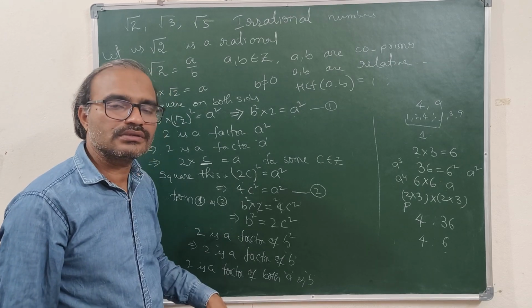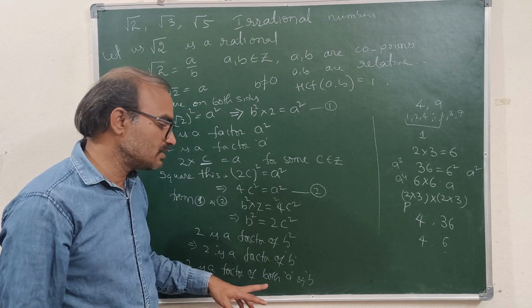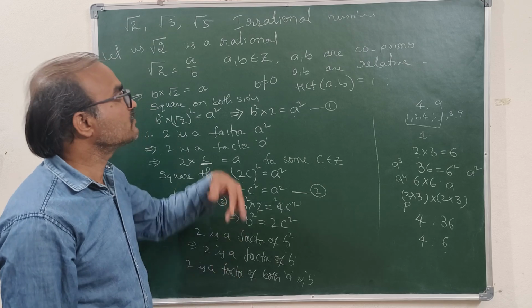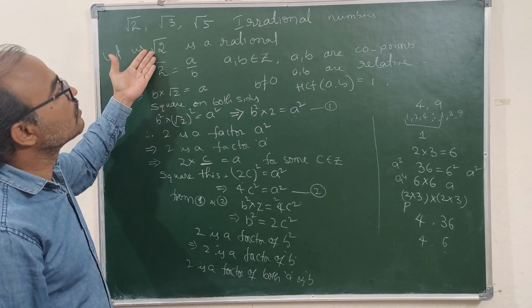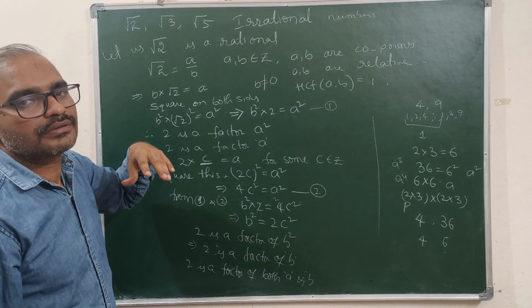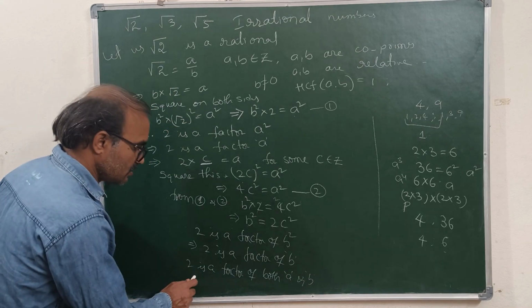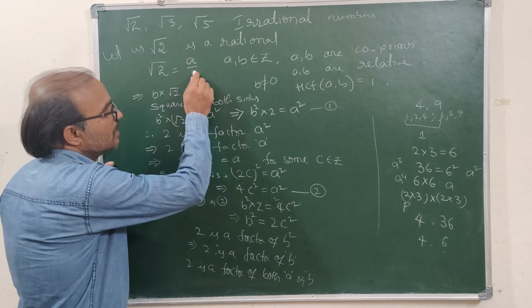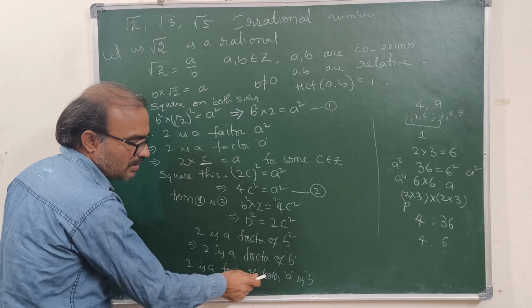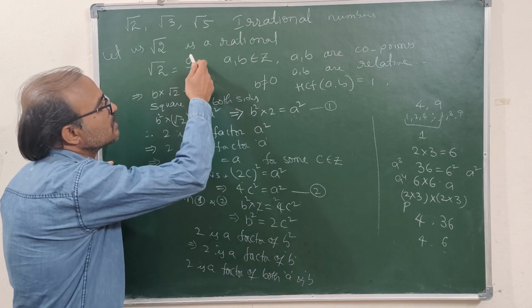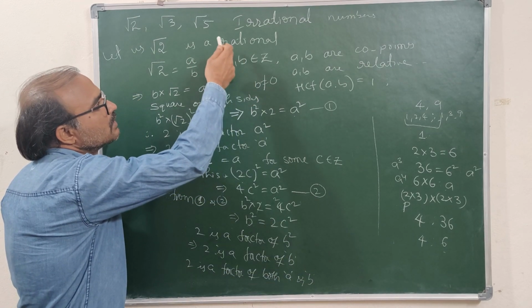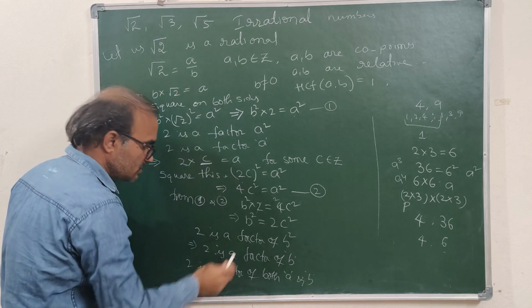This is a contradiction, right? Why did this contradiction occur? As we have assumed root 2 as a rational number. This is a contradiction to what we considered, that a and b are co-primes.